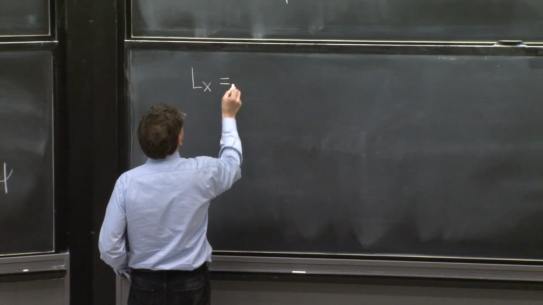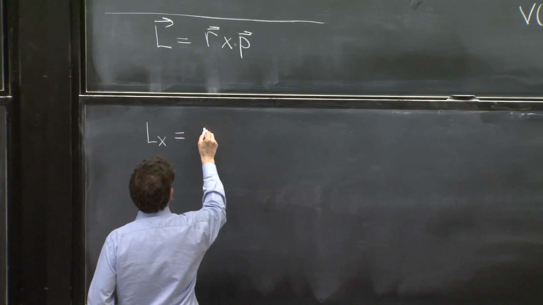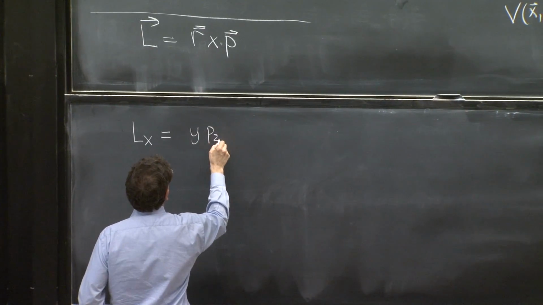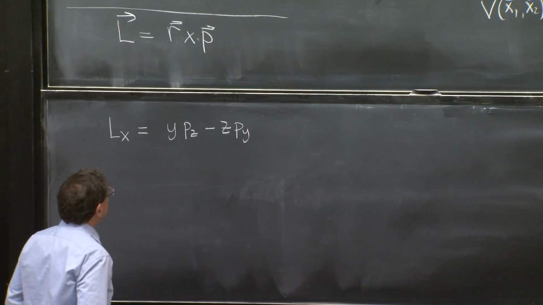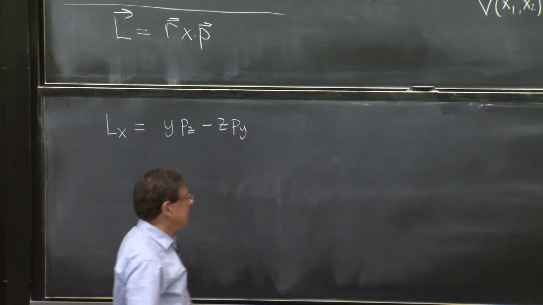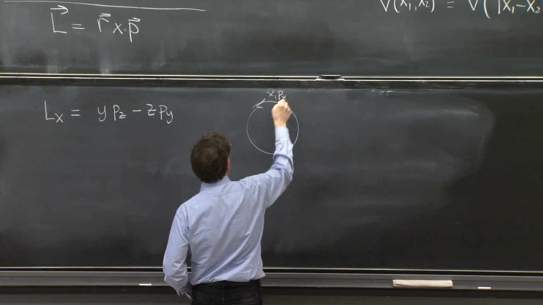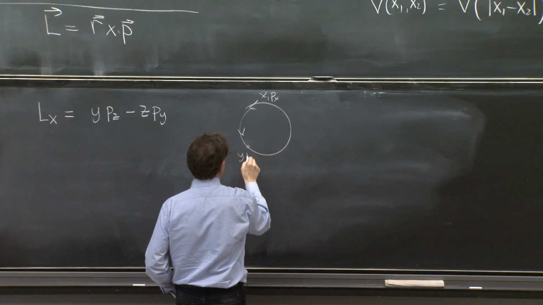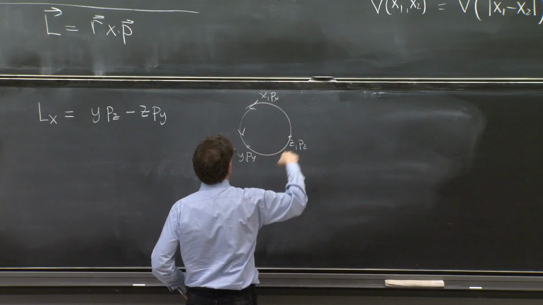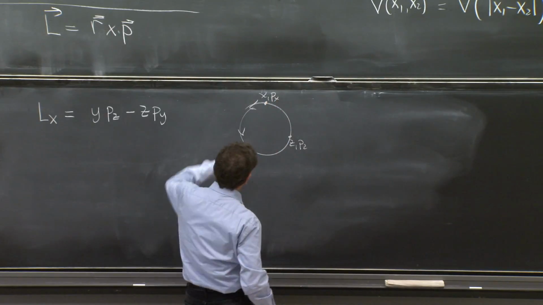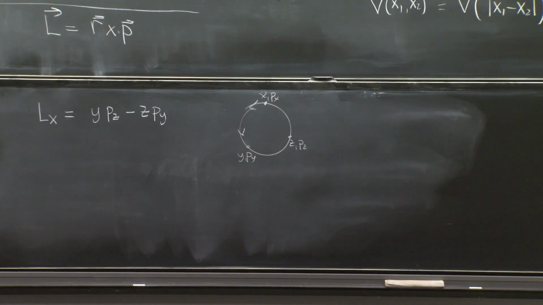Lx, if you remember the cross product rule, that would be y pz minus z py. Now you can think of these things as cyclic, like a circle in which you have x and px, y and py, and z and pz. Things are cyclically symmetric. There's no real difference between these coordinates. So you can go cyclically here.